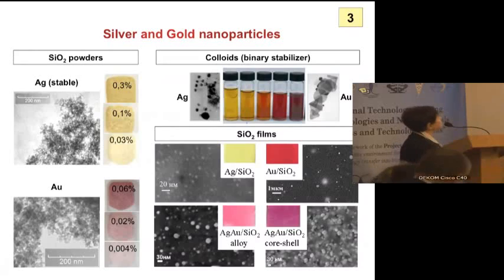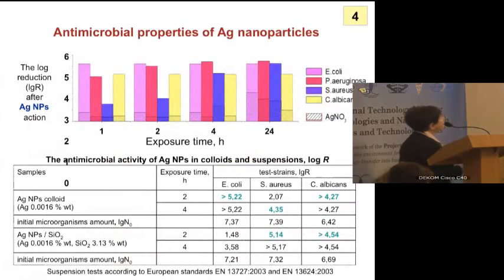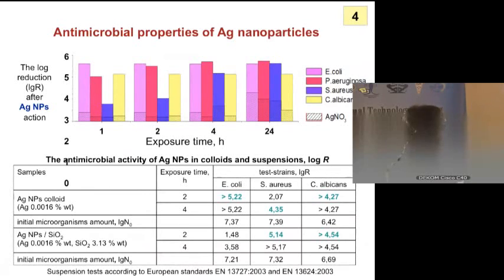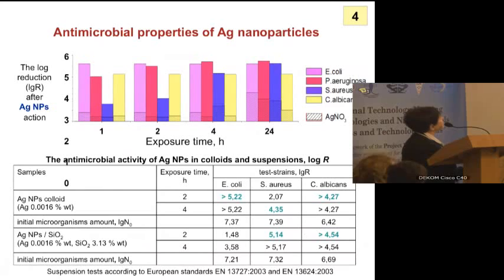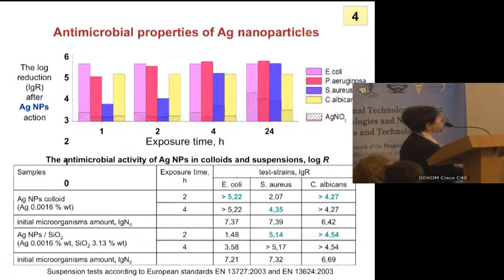This diagram shows antimicrobial properties of silver nanoparticles against Escherichia coli, Pseudomonas aeruginosa, Staphylococcus aureus, and the fungus Candida albicans, compared with the same activity of silver in ionic form, which is usually used in medical practice. We can see that antibacterial activity is pretty high for all of the microorganisms.